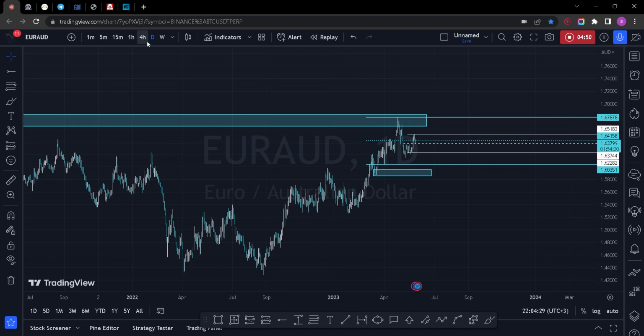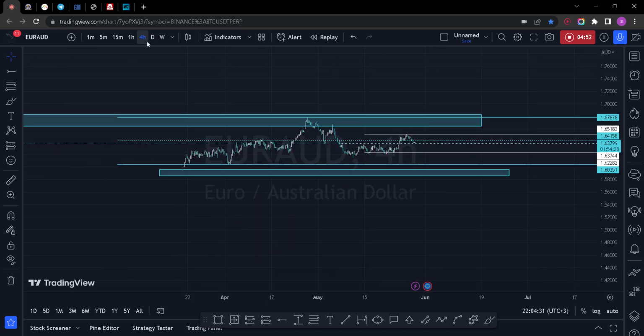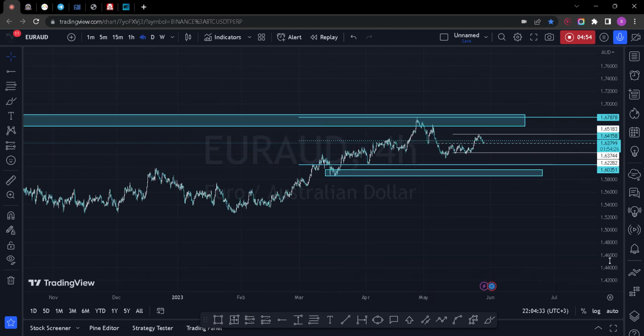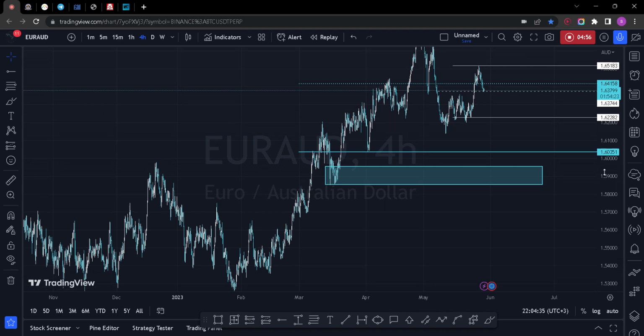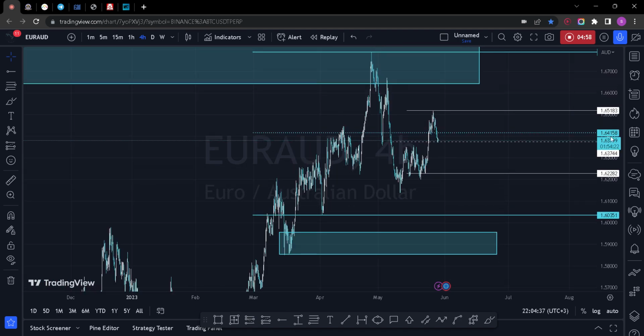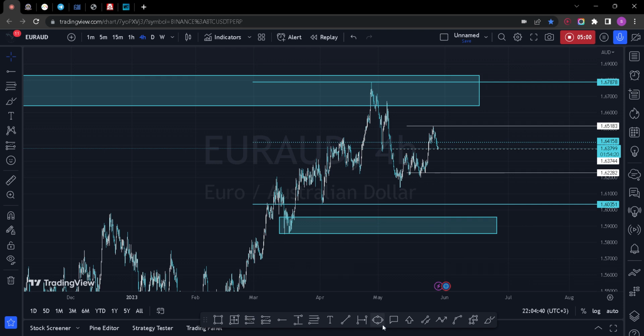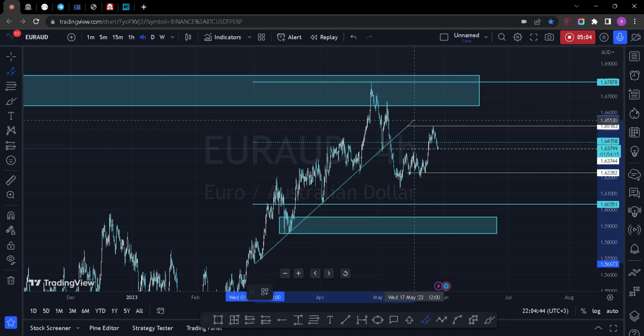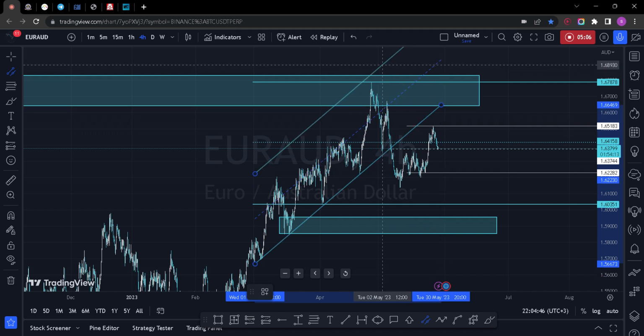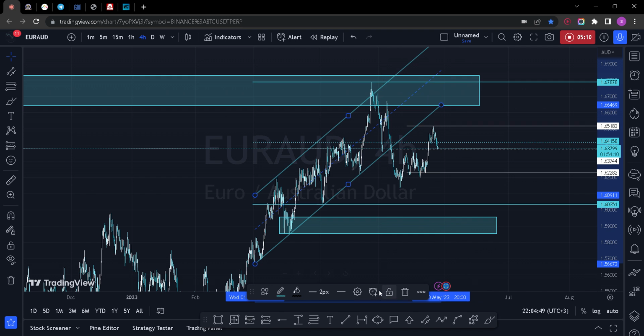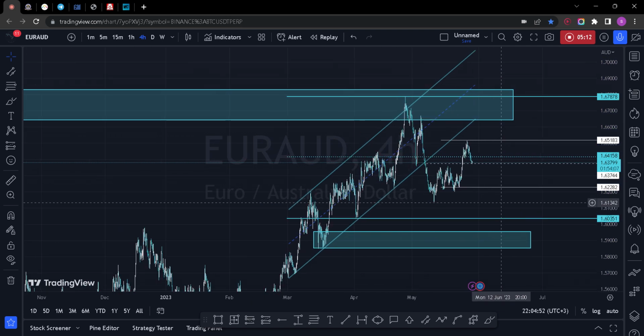So now we zoom in to the 4 hourly. So right up here, I observed the price was rising in such a formation. Then I always look for sell-offs in my areas of interest.